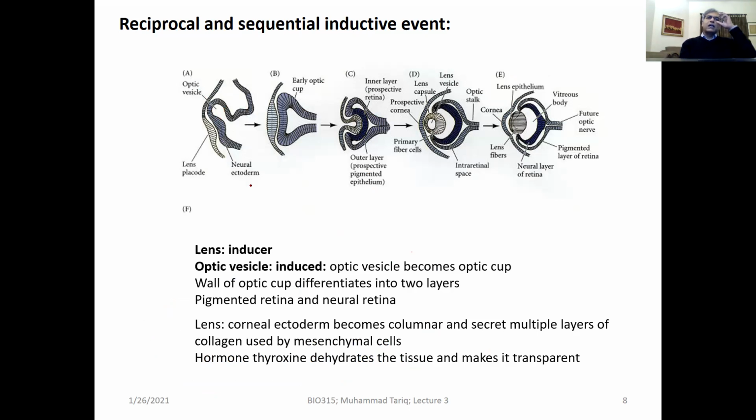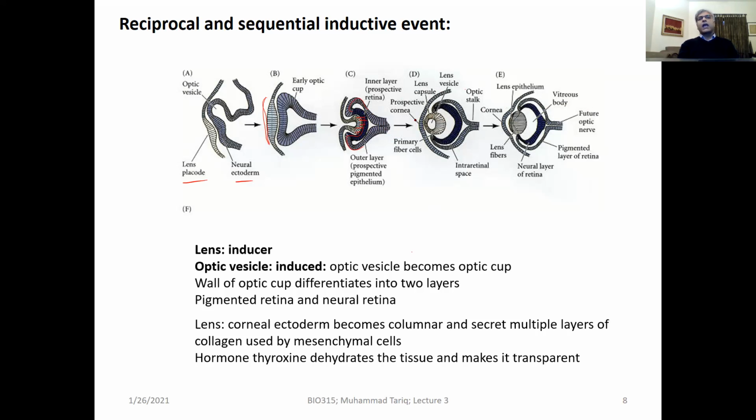You have neural ectoderm, you have the lens placode. This is the early optic cup. Now this you can see is the lens forming ectoderm. So here you can see the optic vesicle taking up the shape of an optic cup as the lens forming tissue is now sending the signal.